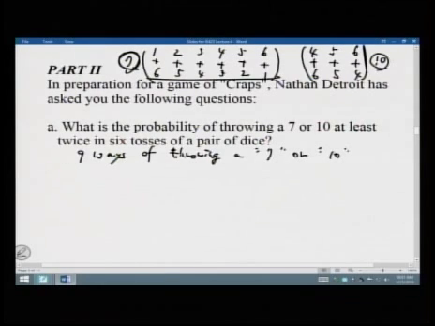So we get the probability of throwing a 7 or 10. That's going to be 9 over 36, which is 1/4. Okay? There is a 25% chance that you are going to get 7 or 10 by throwing a pair of dice.